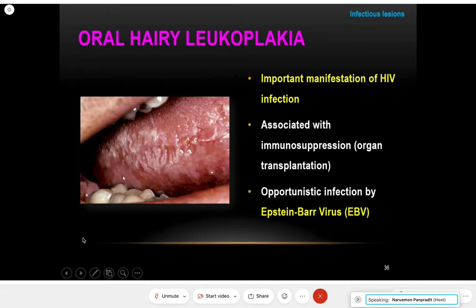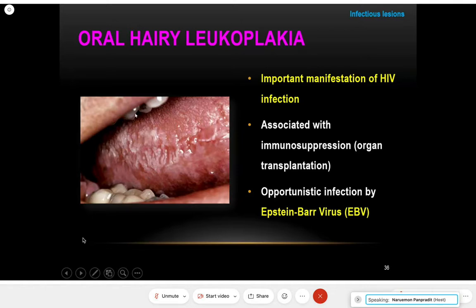When you see the picture, oral hairy leukoplakia looks like white lines, like hair, but it shows vertical white lines packed very closely. This vertical pattern cannot be wiped off or scraped off, and is symmetrical on both sides.